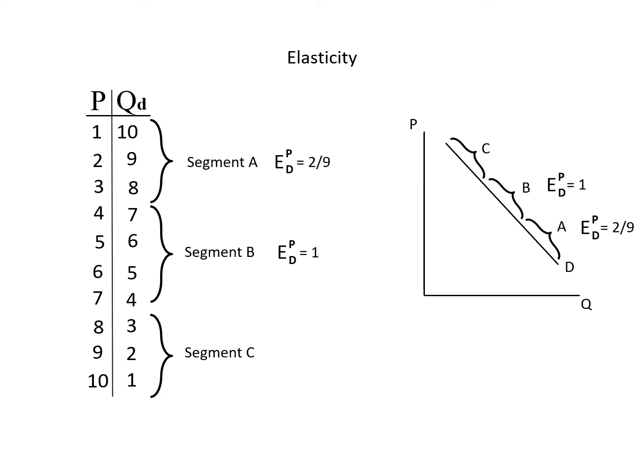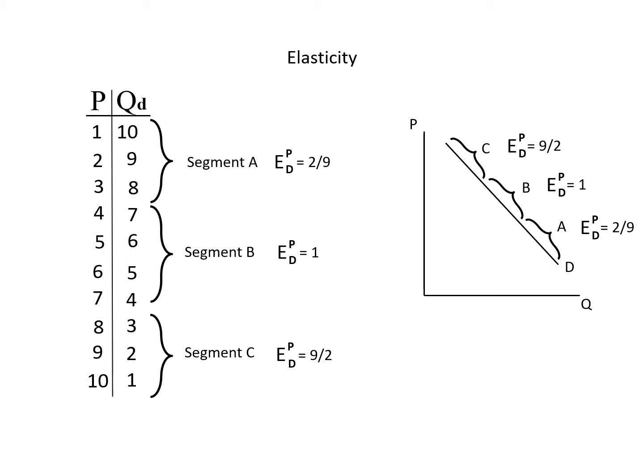Notice that at one endpoint on line segment B, when the price is 4 and quantity demanded is 7, total revenue is 28. On the other end, when the price is 7 and the quantity demanded is 4, the total revenue is 28. This is characteristic of a demand curve that is unit elastic. The price changes, but total revenue does not change.